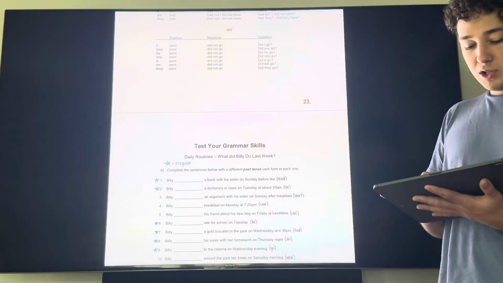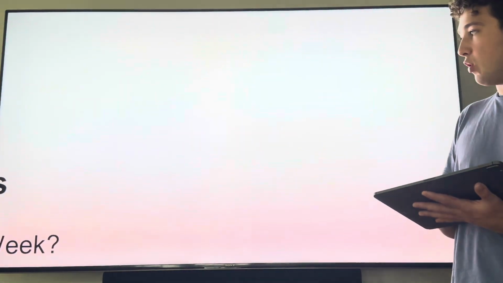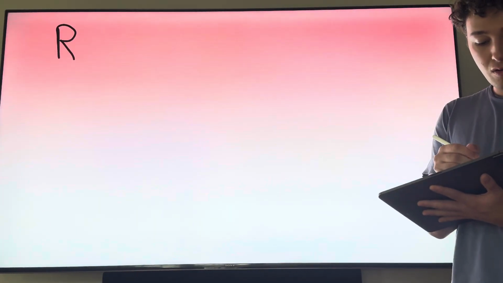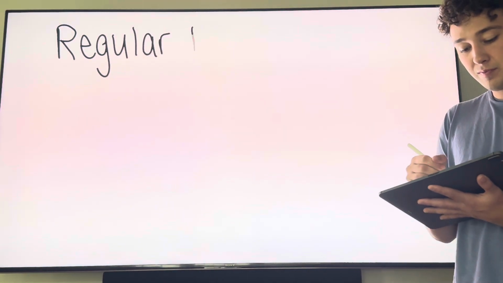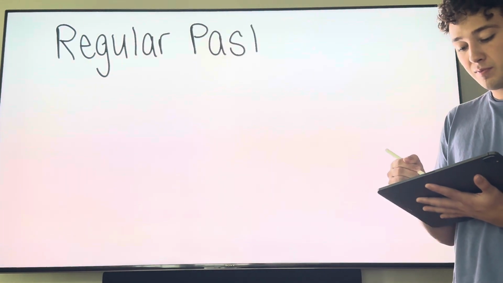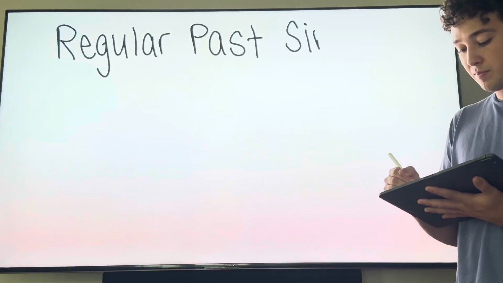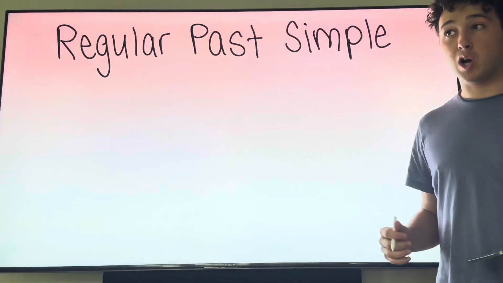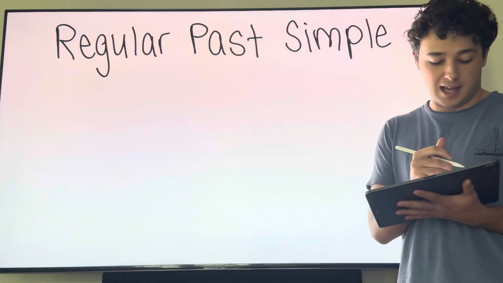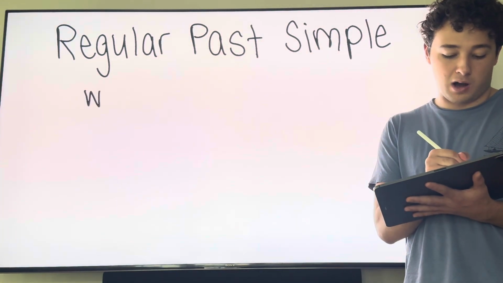So, the first thing we'll do is go over the regular form. So, when forming regular past simple, you simply take the verb and add ed to the end. So how about the verb walk?